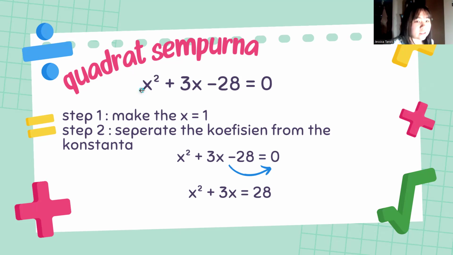This is why I chose this equation specifically for quadrat sempurna: to make it easier and not complicated for you and me, we need to find an equation where a is equal to 1. Since a is equal to 1 already, step 1 we can skip over.